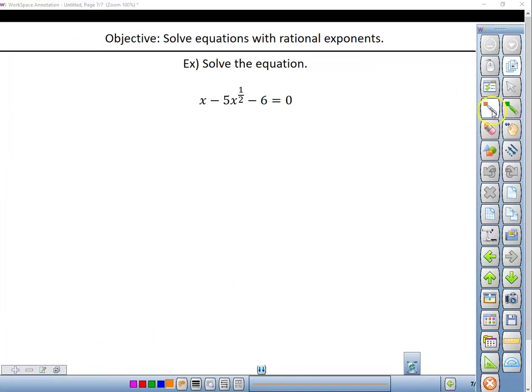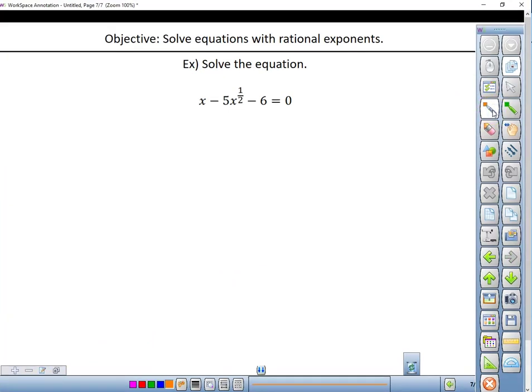Similar to our binomial structure, our trinomial structure we treat as a quadratic structure and factor it into two binomial factors. So we would factor this similar to how we factor x squared minus 5x minus 6 equals 0. That the two factors we would use for our first power of x are actually powers of our middle power of x, and that's how this works also.